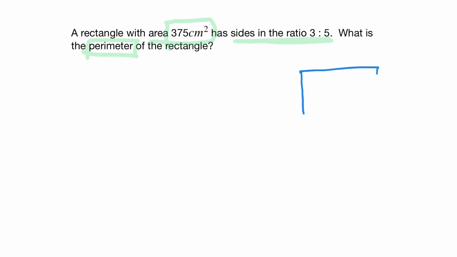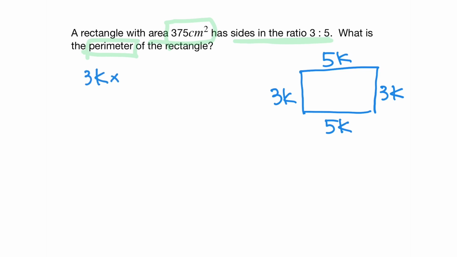So the first thing I have to do is put this ratio into a mathematical expression. Yes, 3k and 5k. The area is 375, so 3k times 5k equals 375.